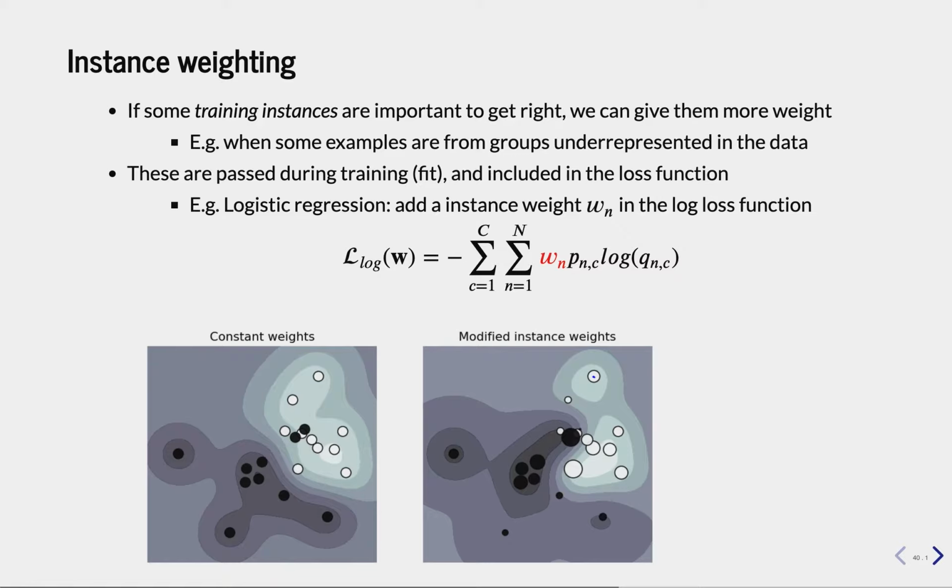So in that case, we give a weight to each individual point, no matter the class. Each point gets a weight. And then this instance weight will be used inside the loss function. So here for every point n we have a weight. And again, if that point has a high weight, its loss contribution will be higher than the other points. Right? And this is again a visualization.